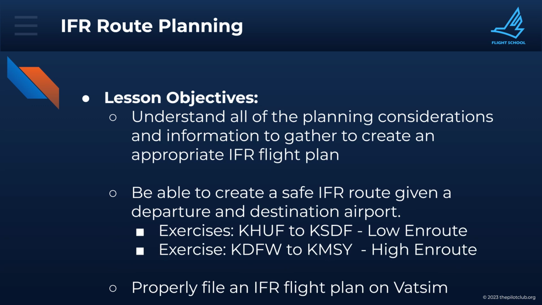So basically the objective is to understand all the planning considerations and information you need to make an appropriate IFR flight plan. The two exercises we're going to do tonight: these are the airports for KHUF to KSDF using a low en route chart, which I'll explain what that is in a minute.